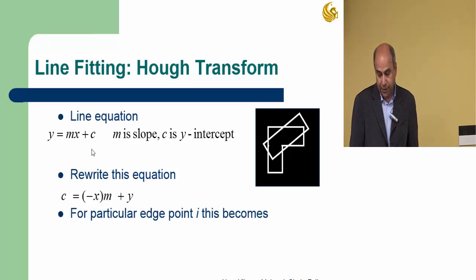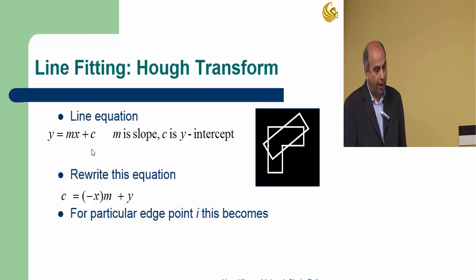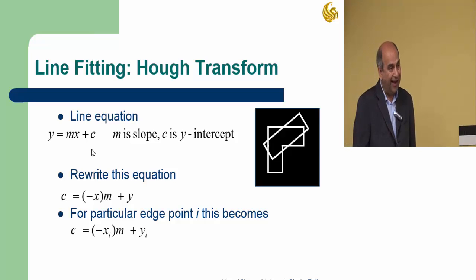Which means that if I have a single point i, then that will result in a line in the C and M space with that slope and intercept, xi and yi. That's a very important insight, and it will help us.